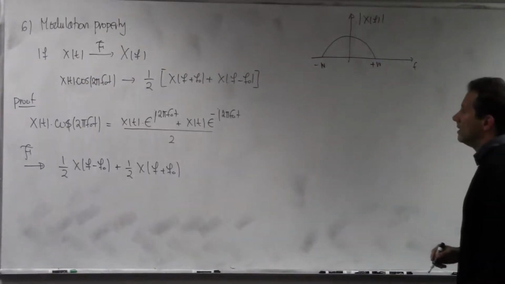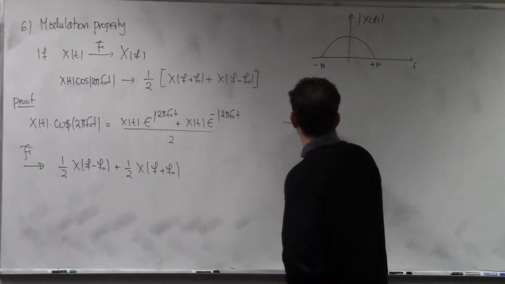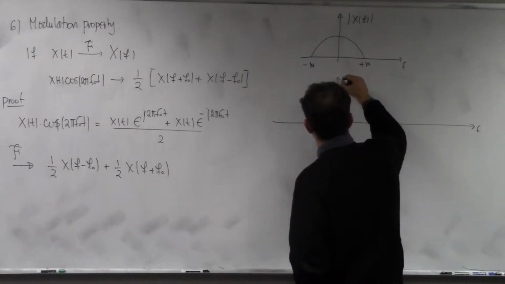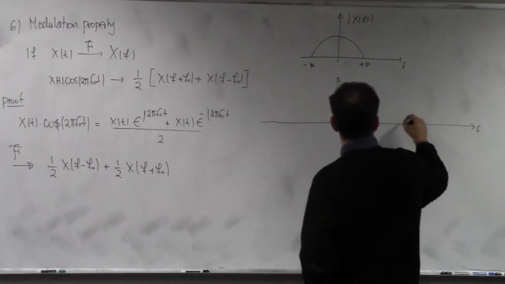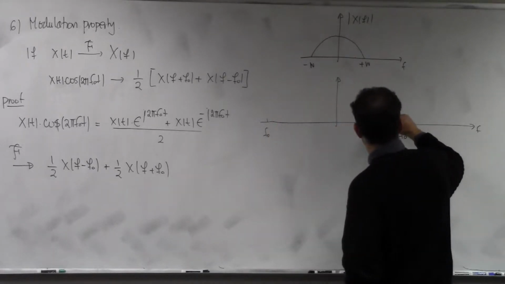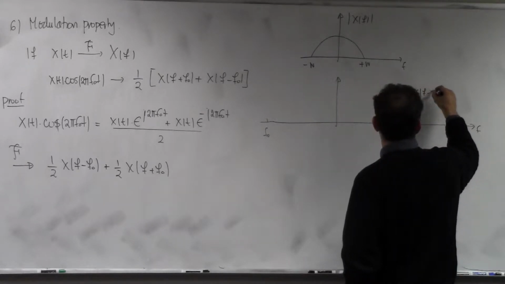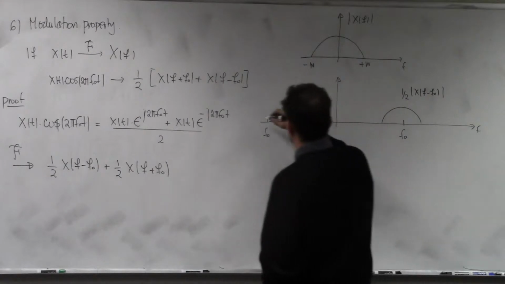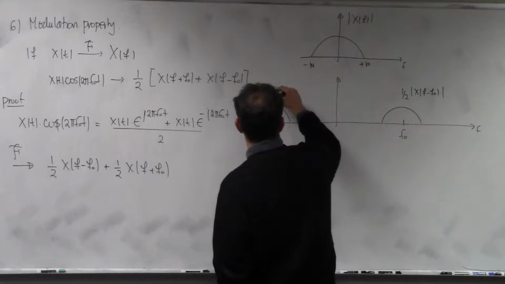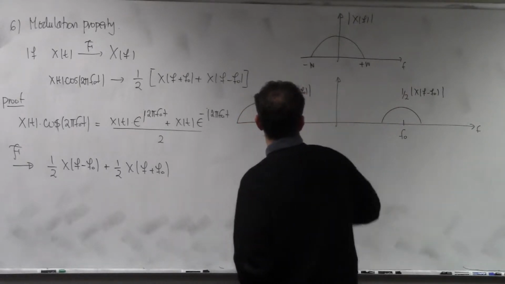Then if I multiply my signal with the cosine, what it does in the frequency domain is it performs a translation of the spectrum of the signal, and it centers that around the frequency f0. So here's my signal 1/2 x of f minus f0, and here's the signal 1/2 magnitude of x of f plus f0.